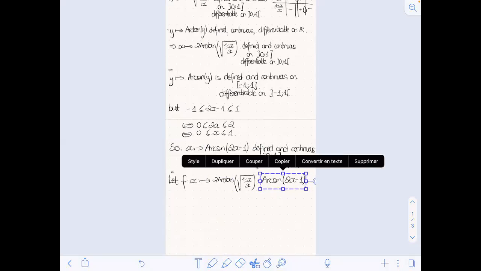Where can we study this function in the end? The intersection between both of the definition domains of the separate functions. Yeah, absolutely. If we want to analyze f, we need to have this well-defined, continuous, differentiable, and this one too. So you need to take the intersection of the domains.